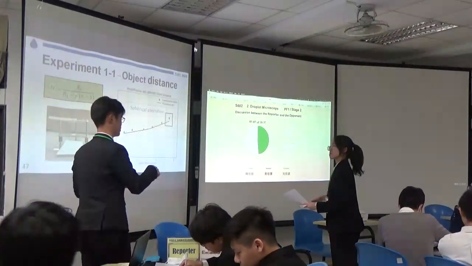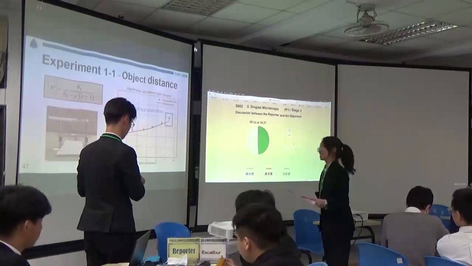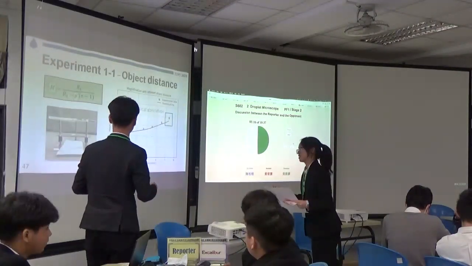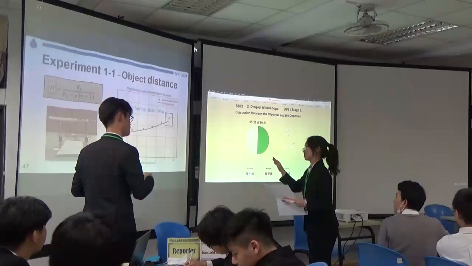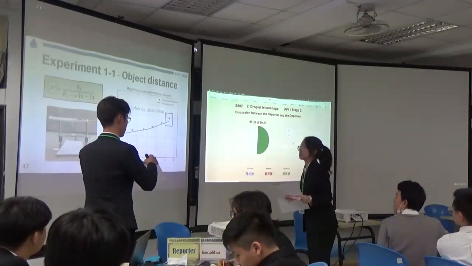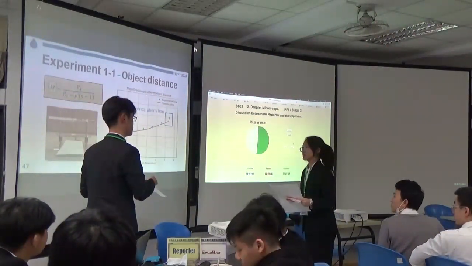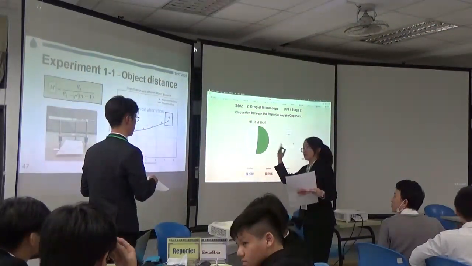Because it will change the position of the object. Yes, I know, because you change the object distance. And why? Maybe you can speak about the focal length. Because the focal length of the lens will change. No. When you have the same water body, if you have the same water volume, the focal length will not be changed. Yes. And then you change your object distance, and why will the magnification be bigger?